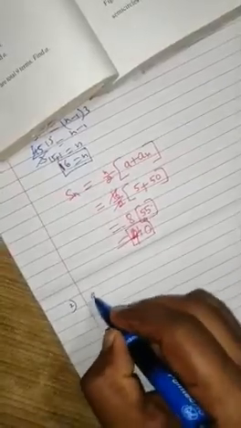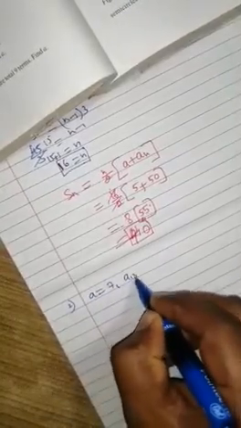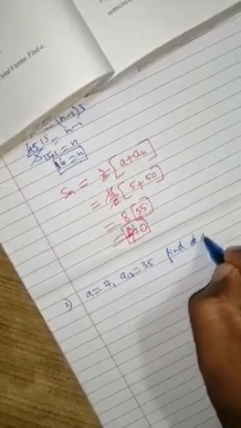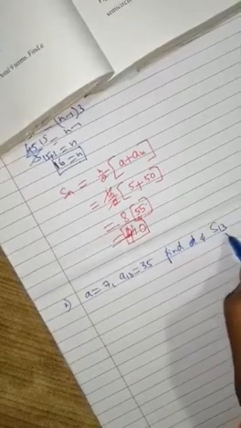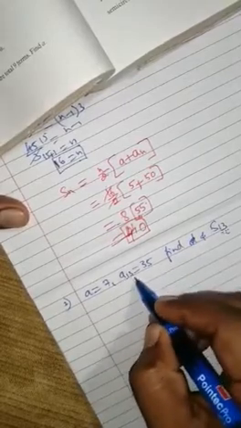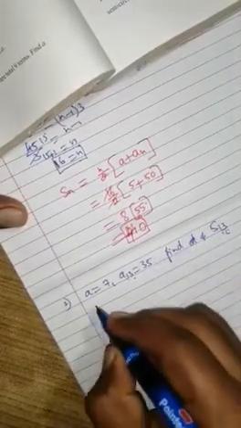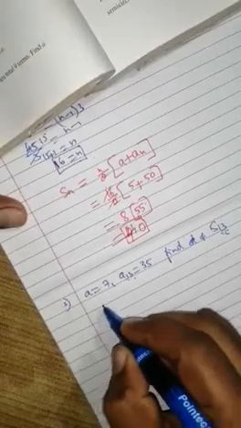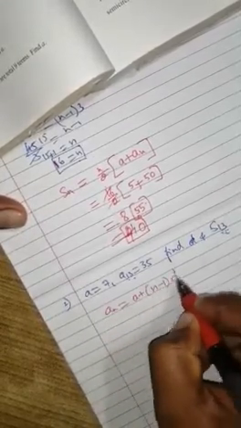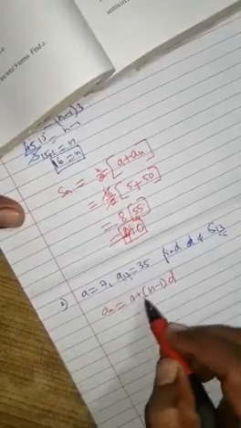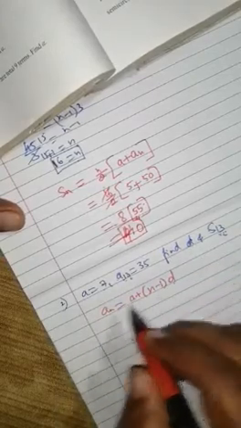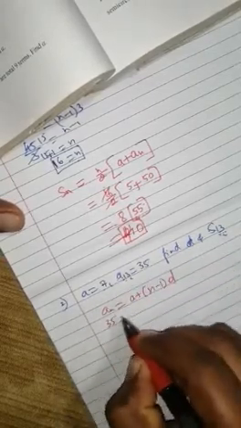Okay, let's solve the second problem. Given a is equal to 7, a13 is equal to 35. Find d and S13, the sum up to 13 terms. So in S13, n is equal to 13, and a13 is equal to 35. To find the d, here also we must use the formula an is equal to a plus n minus 1 into d, because we know a13, the n value, the a value, but we do not know the value of d. An is equal to 35.